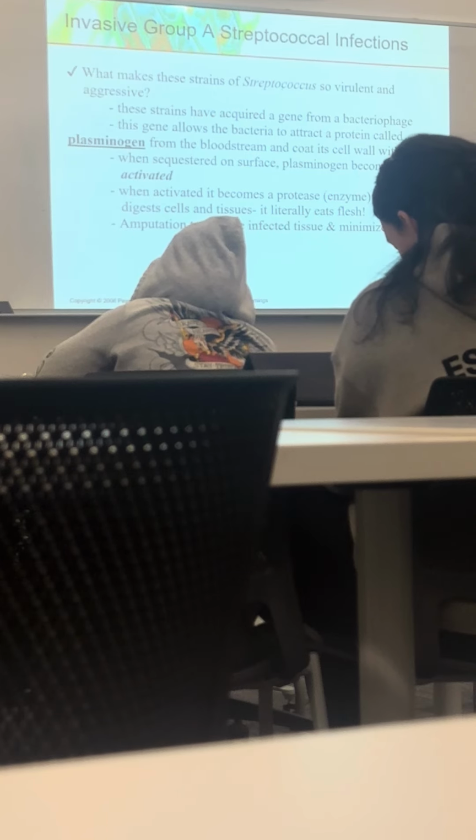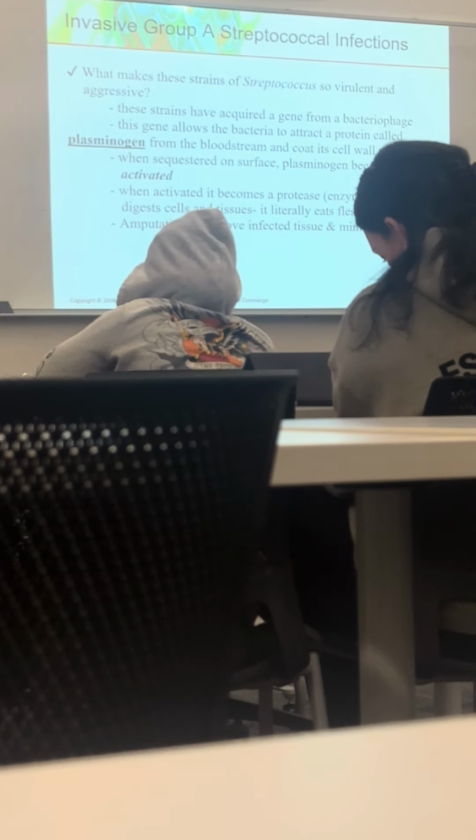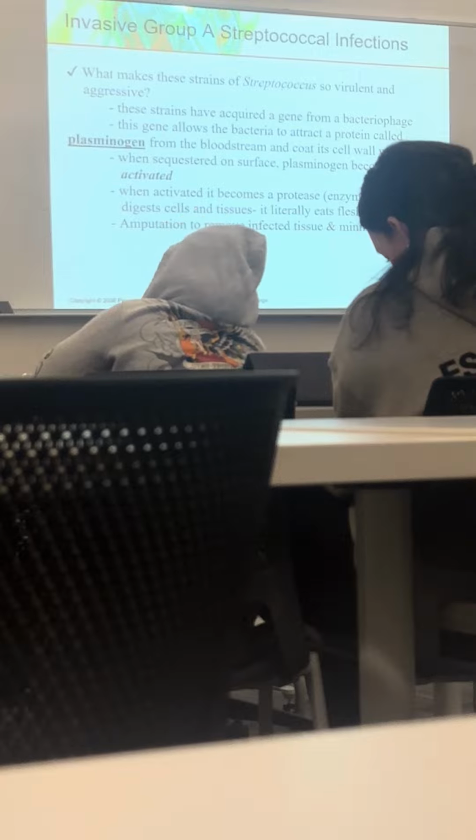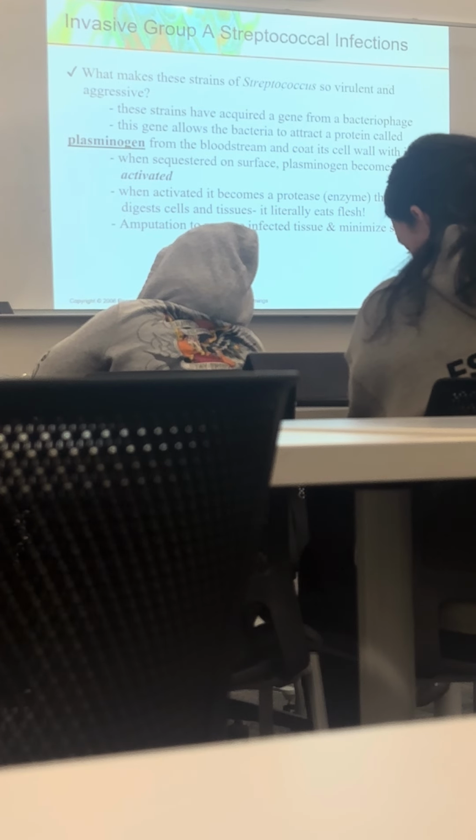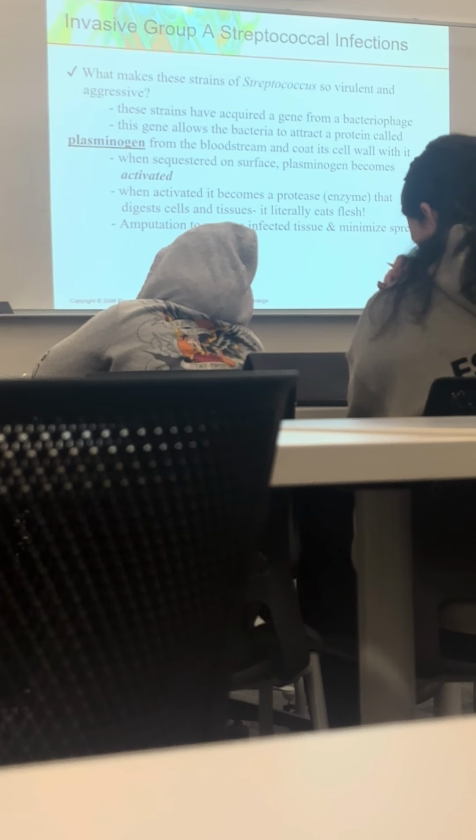So your blood is going to activate this guy. As soon as it gets activated, it's going to start to just lyse all your cells and your tissues. You're literally growing inches in hours.